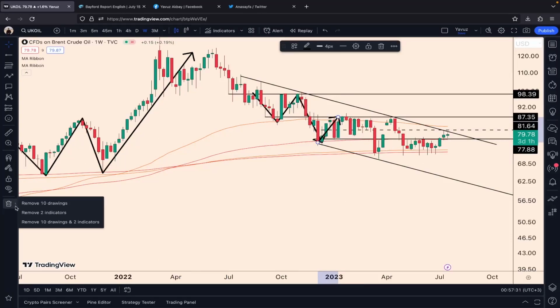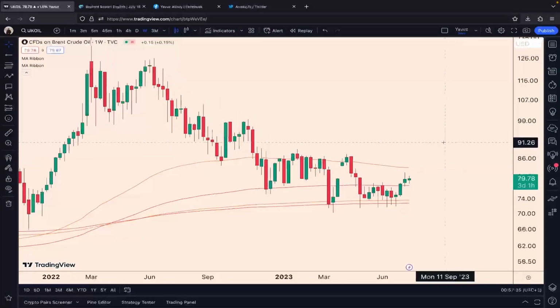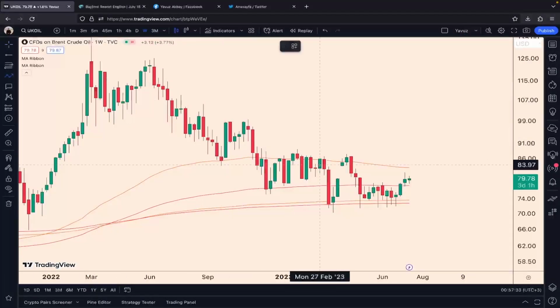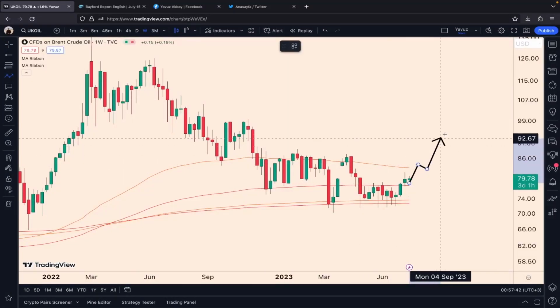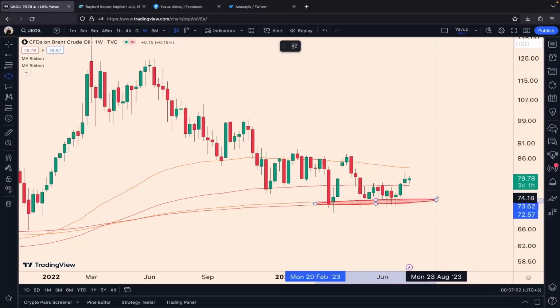These are important levels. Right now Brent oil is like that too, kind of in a range. So if it breaks here, it's obvious that it's going to pull back and start to go up again. That area is so important for Brent oil too.